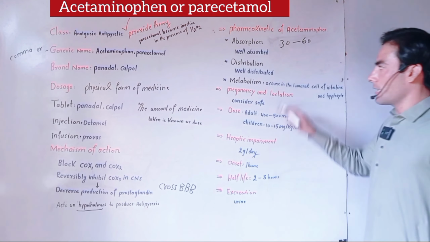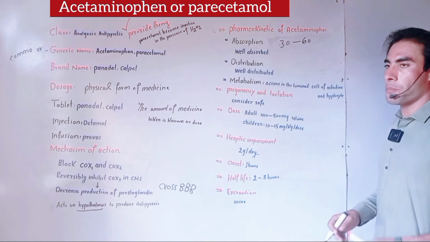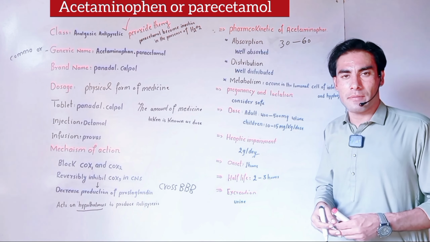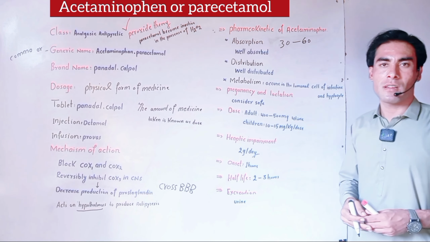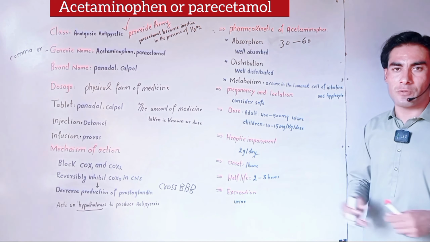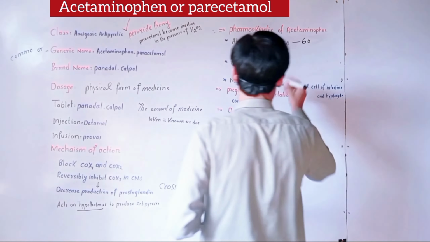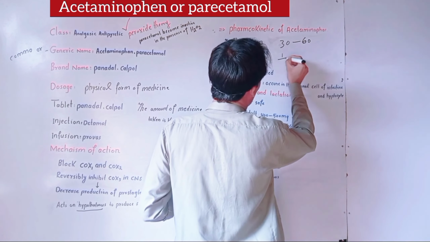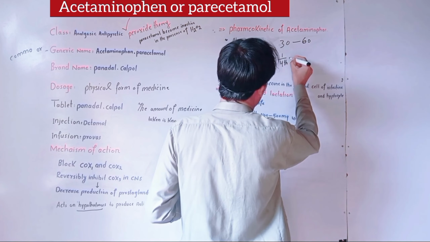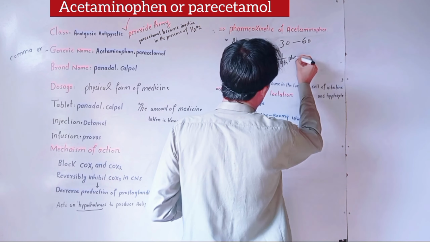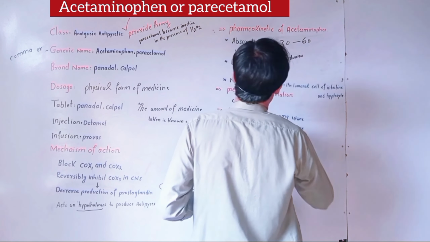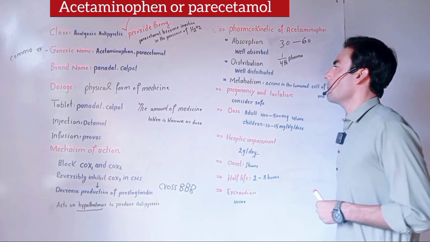Now come to distribution. Acetaminophen is uniformly distributed in the body and is slightly bound to plasma protein, one fourth is bound to plasma protein. That's why it is distributed uniformly.